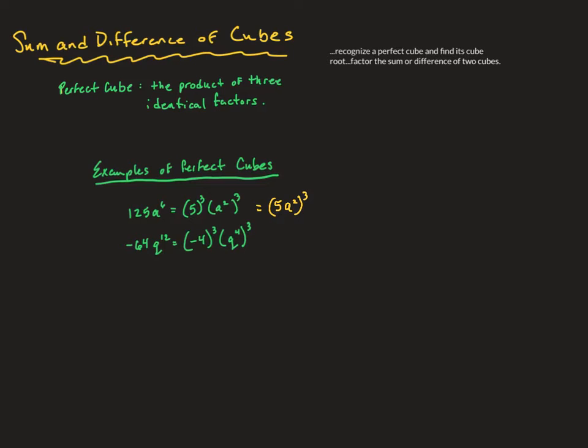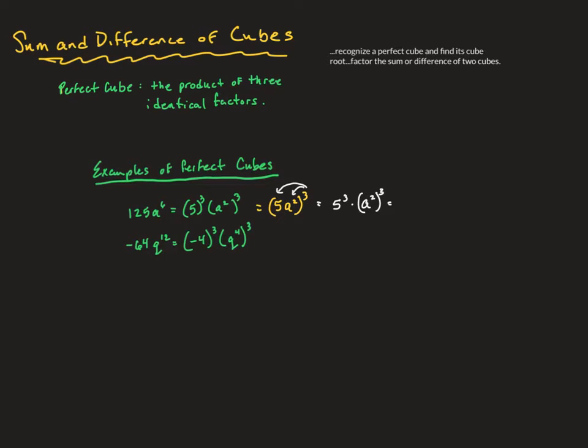And then working backwards, of course, you know that the cube goes to both the number and the variable, so that would equal 5 cubed times a squared cubed, which is going to get us our original answer.